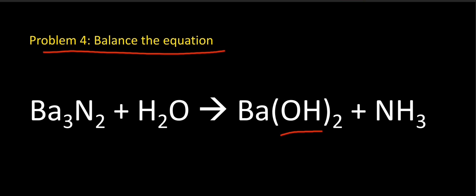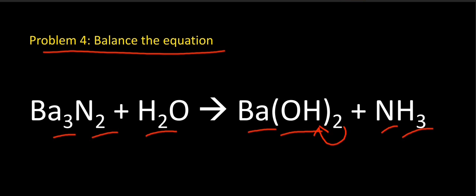So we have 3 barium atoms here, and here we have 1 barium atom. We have 2 nitrogen atoms here, and on this side we have 1 nitrogen atom. We have 2 hydrogen atoms here, but on this side we have 3 plus 2 hydrogen atoms, that means 5 hydrogen atoms on the product side.